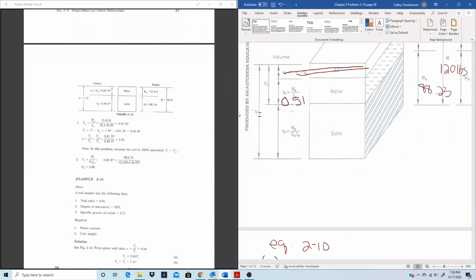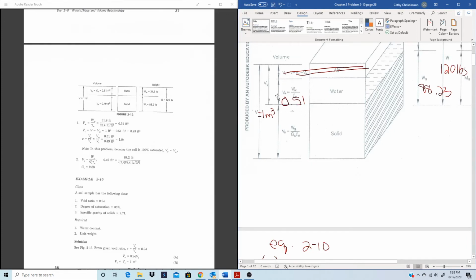Now we've got to assume 1 meter cubed. And if we were assuming anything in the two problems, I put that in your assignments. The problems you're going to be working are 2.8 and 2.9 at the end of the chapter. One I told you to assume 1 feet cubed, and one was 1 meter cubed.